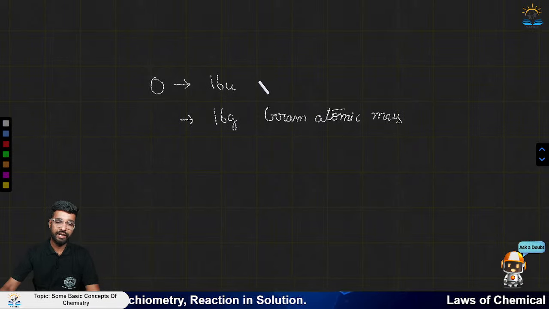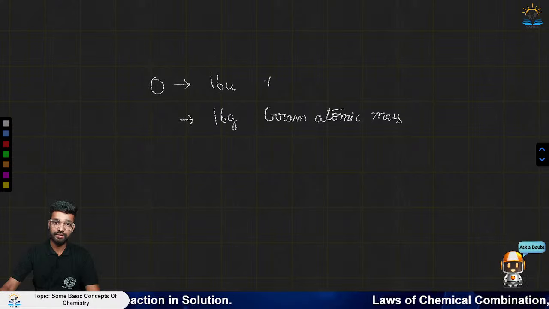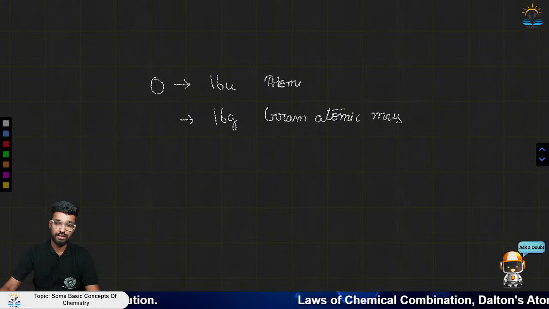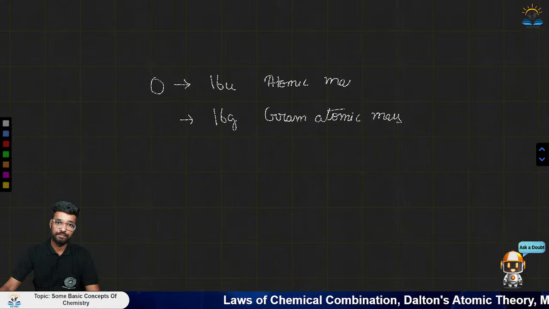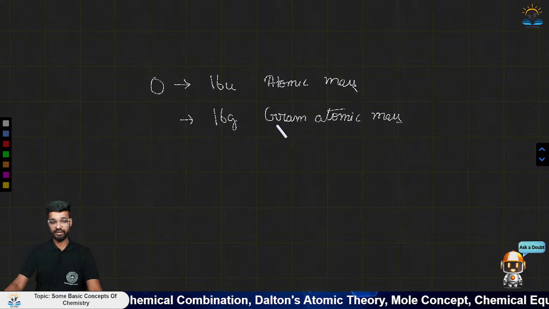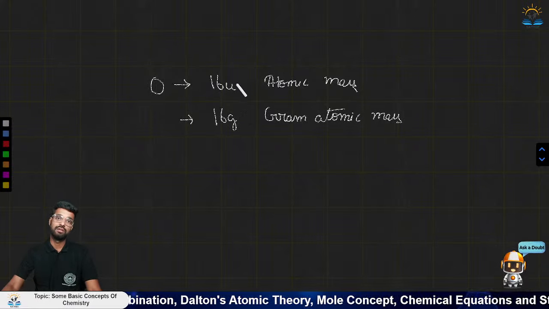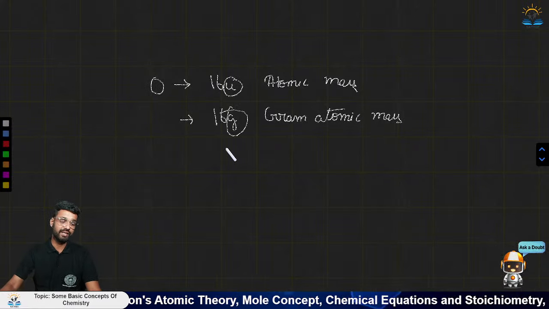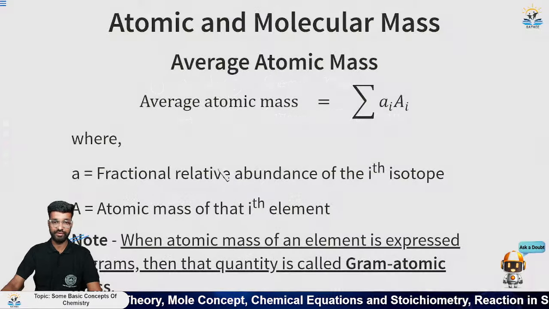And if we represent it in terms of u, or unified mass, then it is called atomic mass. This is the main difference between these. Their absolute value is different, just the way of representing it, the unit, is different.